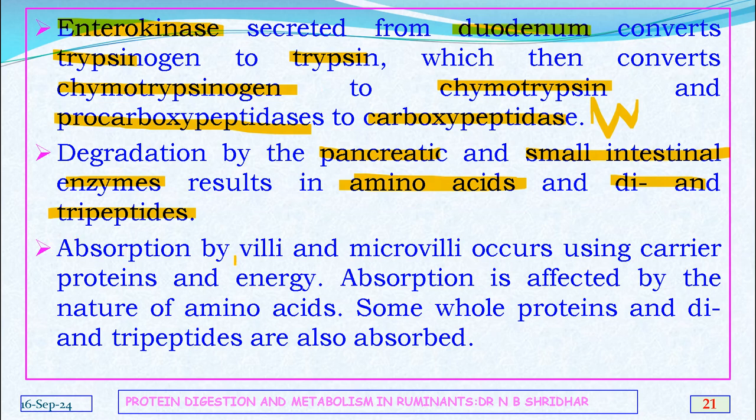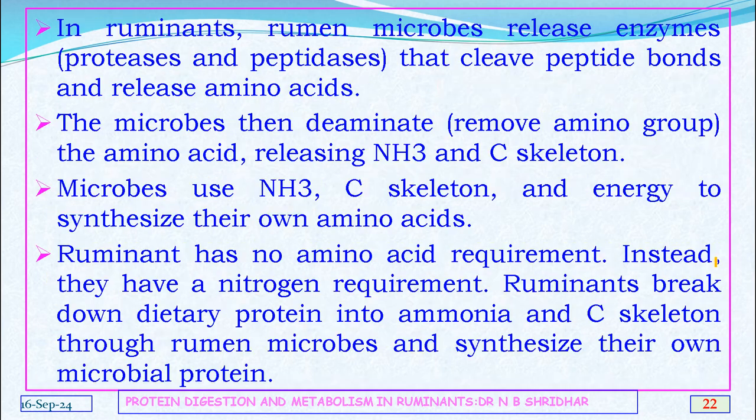Then absorption occurs at the villi and microvilli in the intestine using carrier proteins, which pick up certain amino acids and also energy. Absorption is affected by the nature of the amino acids, and some whole proteins and di and tripeptides are also absorbed into the circulation.